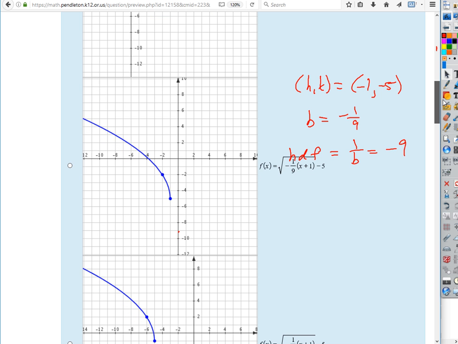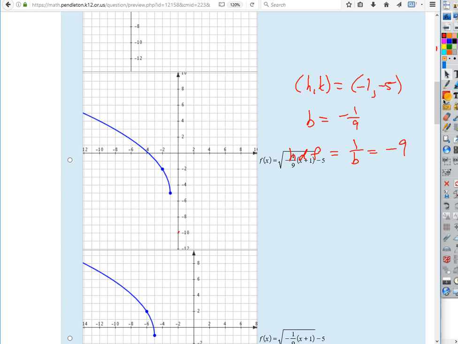-1, -5. Okay, so there's one right there. Let's try this. Now this one is in the right spot, but normally if I go up by 3, I would go over by how far on my parent graph, a square root graph? 9, right? Because the square root graph is the one that curves and flattens out.